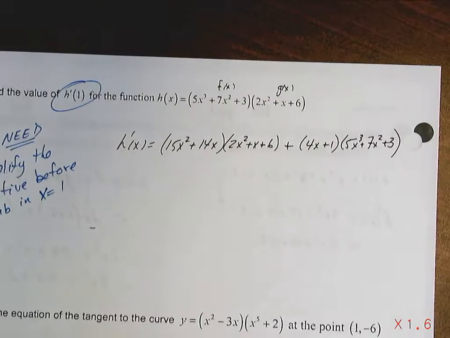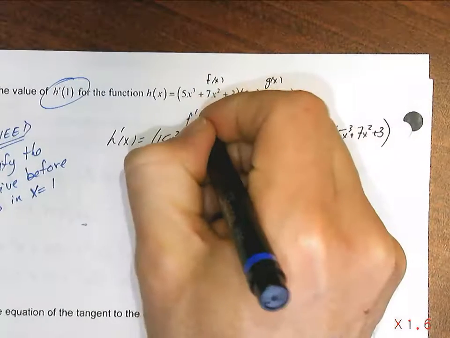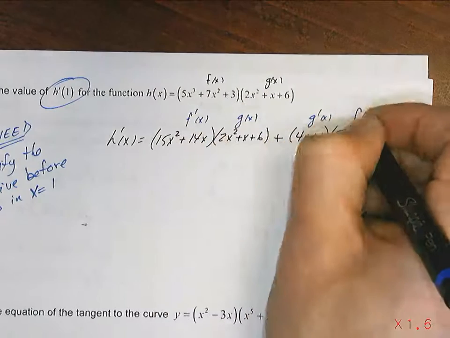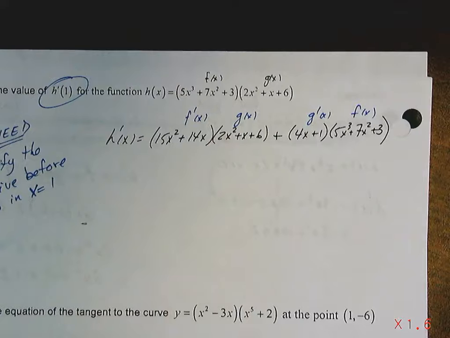Okay, do we see what we have here? So this is f prime of x, this is g of x, this is g prime of x, this is f of x. And again, if you can say it, you can do it. There's nothing to it. Hey, that rhymes. I love it.